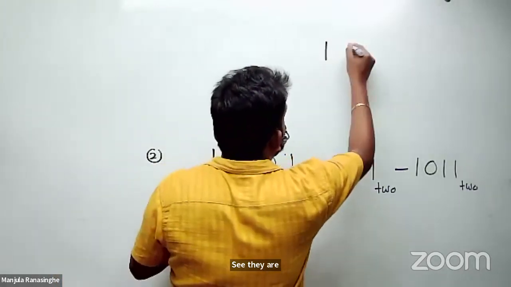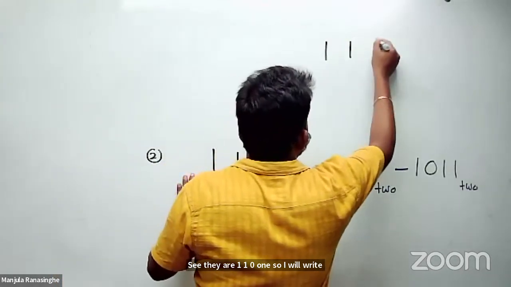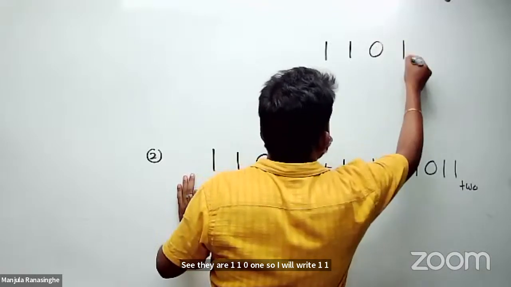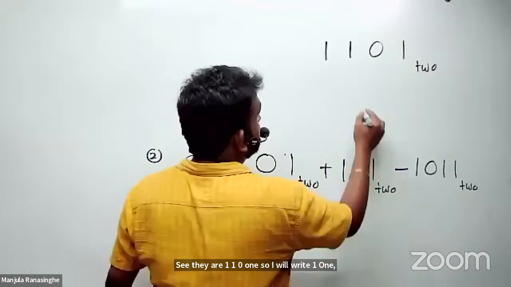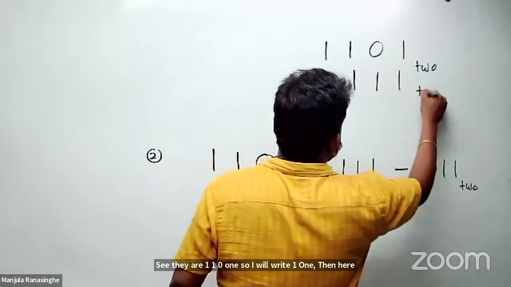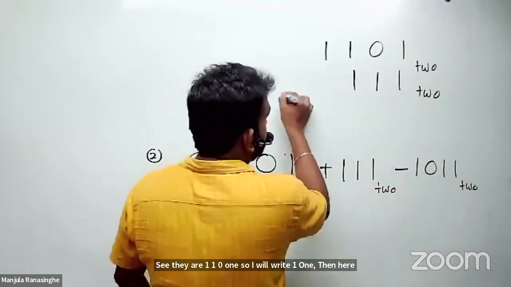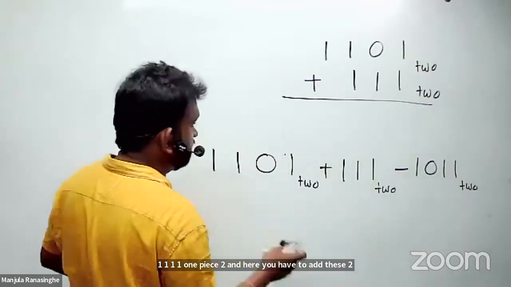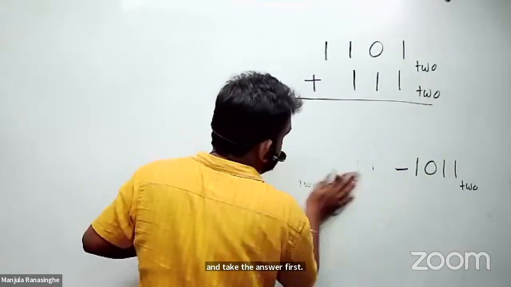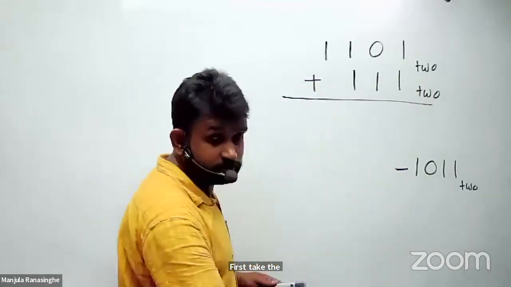So I will write 1101 base 2. Then here 111 base 2. And here you have to add these two and take the answer first. First take the addition answer and then we do the subtraction.